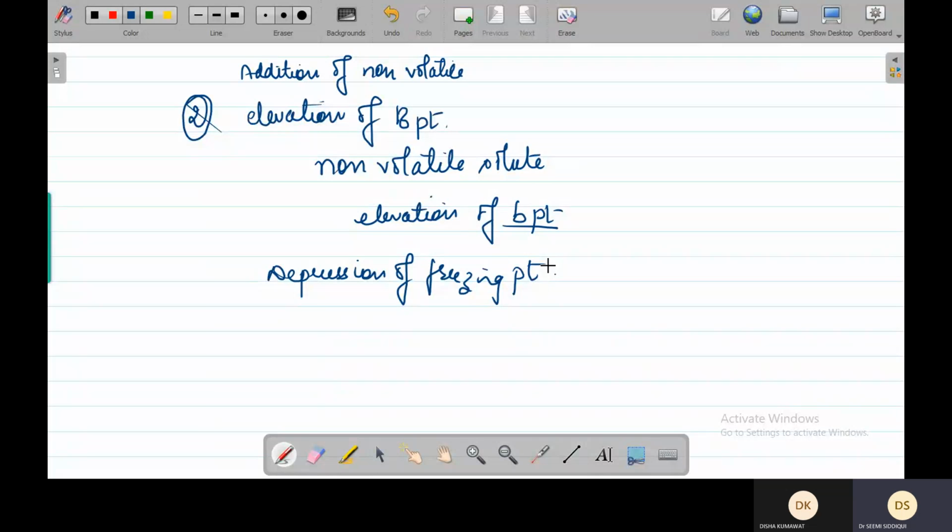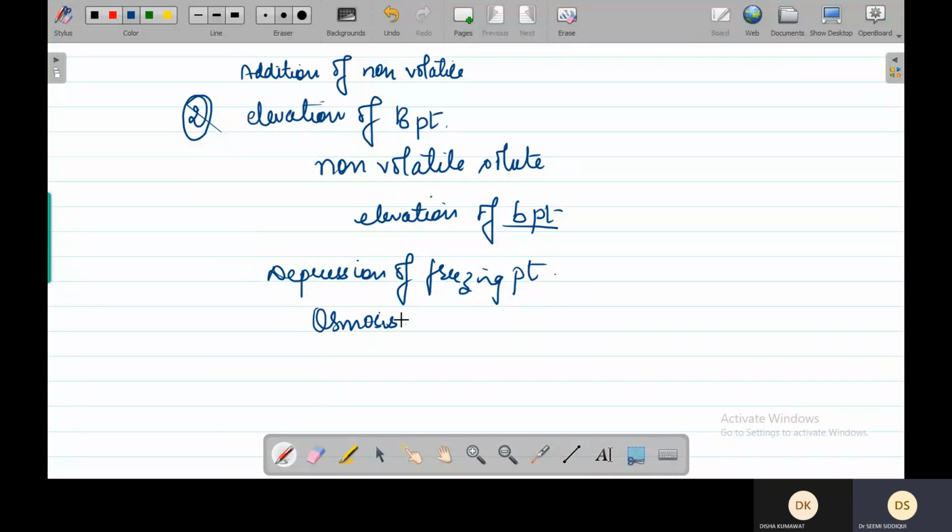Then the next property we have is osmosis. Osmosis is what? When a solution is separated from its solvent by a semi-permeable membrane, then there will be a spontaneous flow of solvent molecules from the solvent compartment to the solution. This phenomenon we call osmosis. What is a semi-permeable membrane?